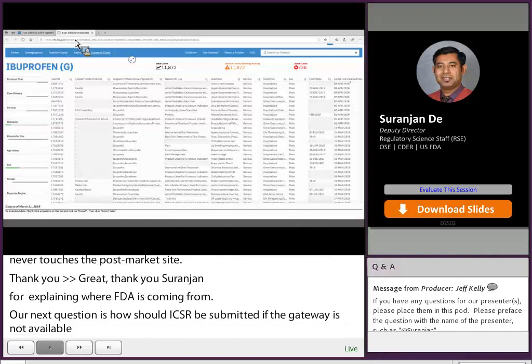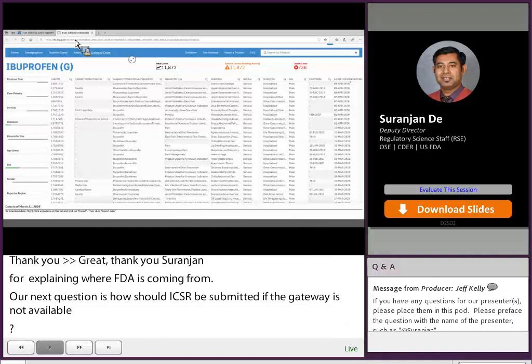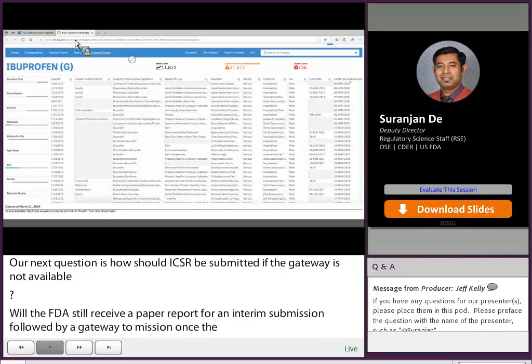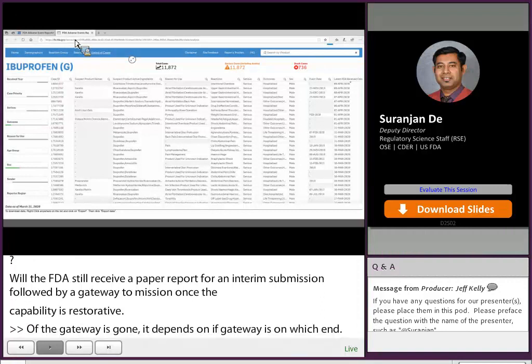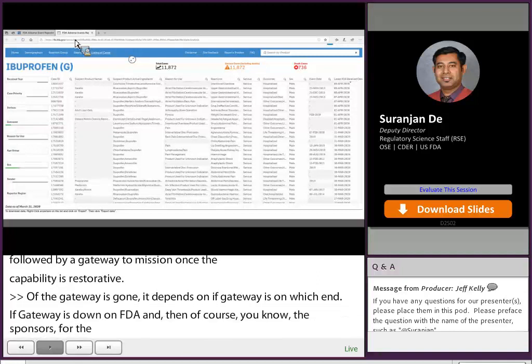So if the gateway is down, it depends on which end it is down. If the gateway is down on FDA's end, then of course the compliance timeline will not be taken into consideration for the sponsor, because the FDA side is down.